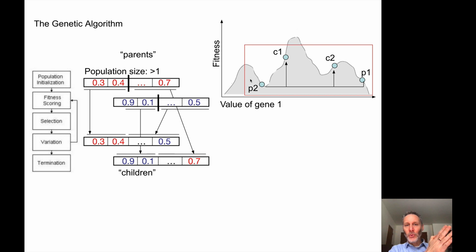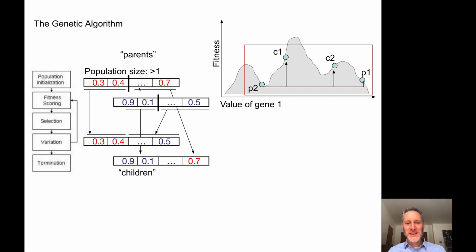We then choose a random point along the genotype of parent 1 and parent 2, and we cut the genotype of parent 1 at that horizontal position, and we cut parent 2 at exactly the same horizontal position. In my cartoon example here, we've chosen this cut point after the second gene.